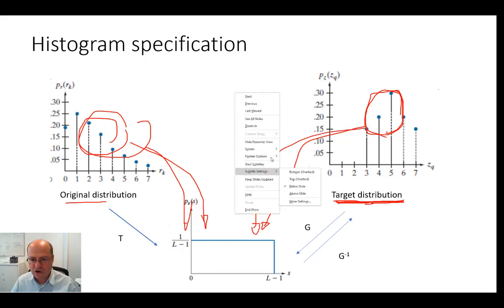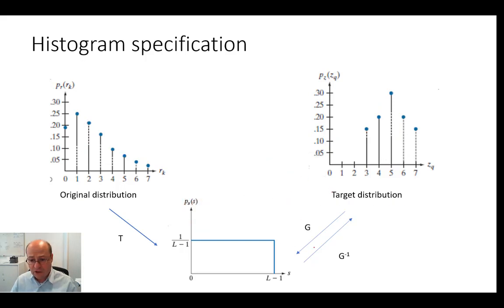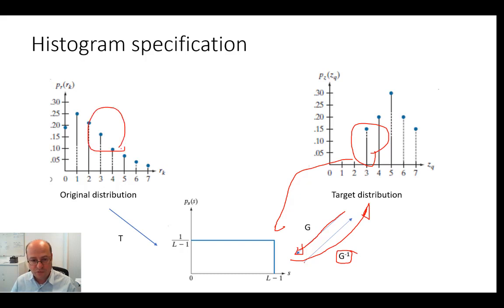So if I know how to do that, then it's simply a matter of finding the inverse of this transformation function that takes the pre-specified histogram to the equalized histogram. I invert it, and now if I know how to map this into this, and I have the inverted function, I just map this to this, and then every point here to that by using the inverse.